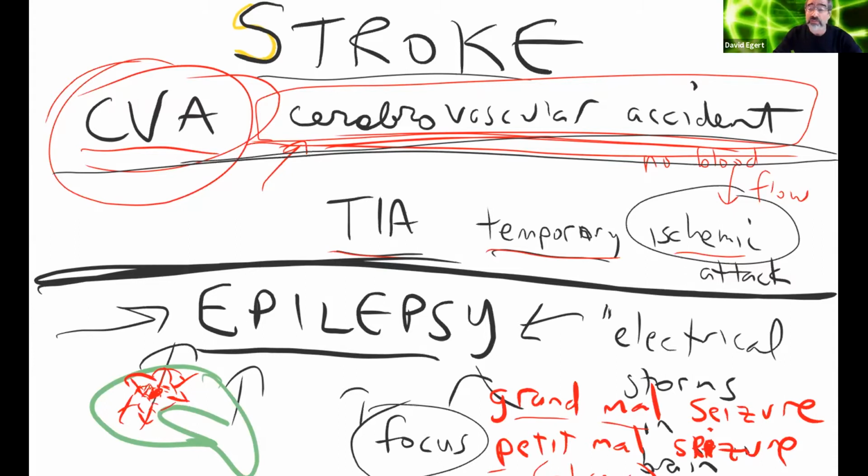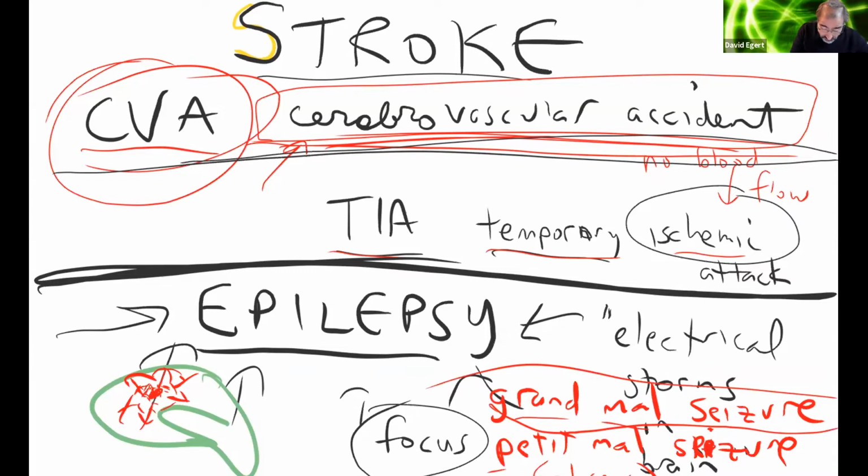You can also have epileptic seizures in the auditory cortex that present as just hearing stuff like music, so there are different kinds of seizures. Obviously the grand mal are the most dramatic.